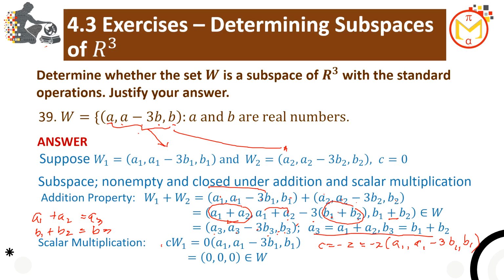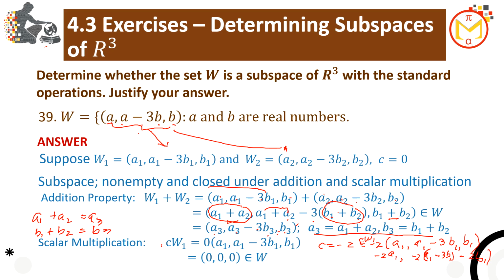This is cW sub 1. So negative 2 a sub 1, then negative 2 times a sub 1 minus 3 b sub 1, and then negative 2 b sub 1.